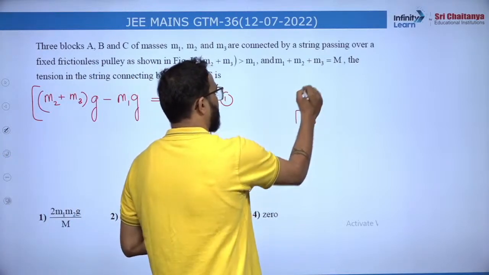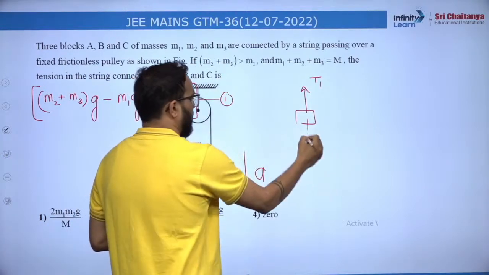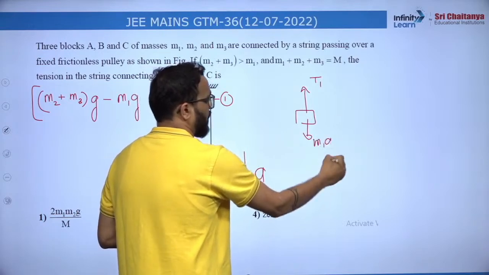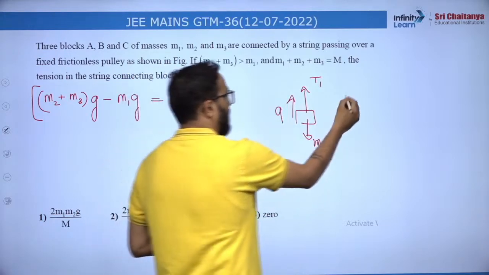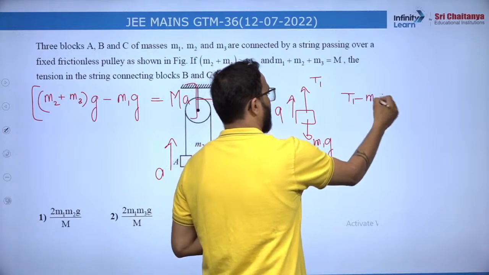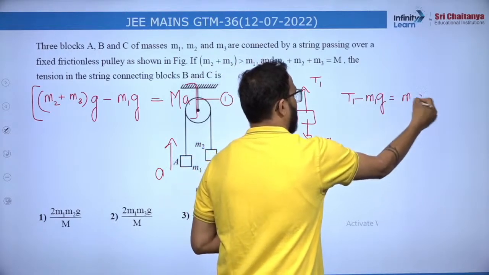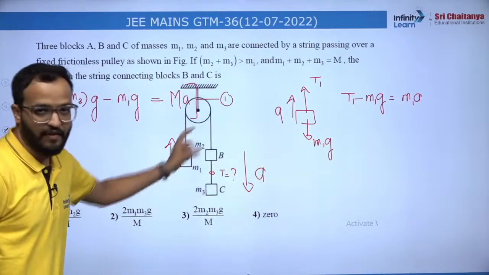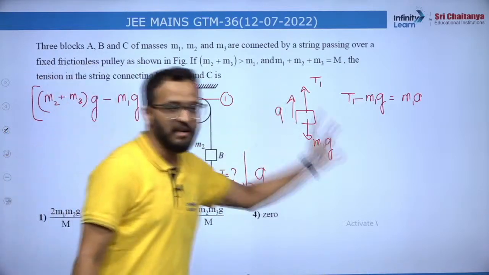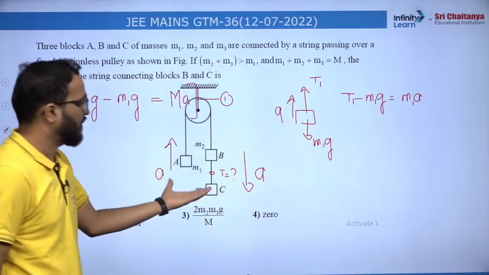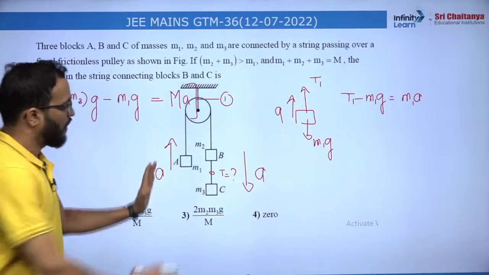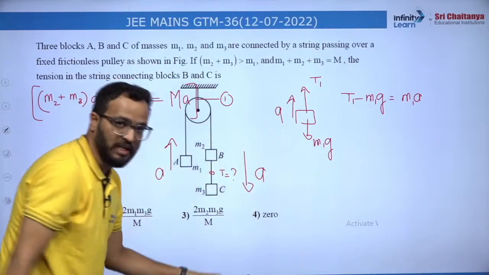You can say, sir, let's say the tension here is T1, here it is M1G, and it is going with acceleration A. Then you will say T1 minus M1G is equal to M1A. Like this, go and draw the FBD of every block and solve it. You will get the same result. Otherwise, the method I am telling you is very easy. What is the net force downward that is pulling?